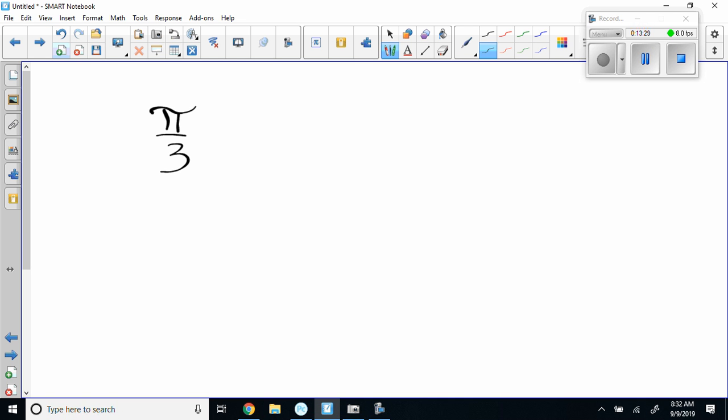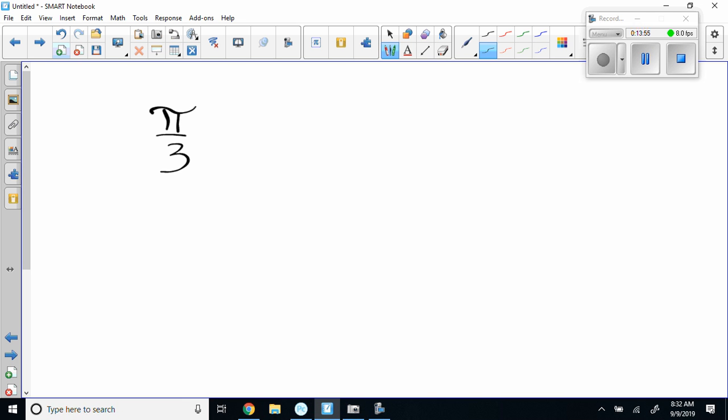Guys, if I'm at pi over 3, I want to find its next coterminal angle, positive. If it was degrees, you would just add 360, right? Okay. Well, we're in radians, so we want a full revolution. So how much is a full revolution?